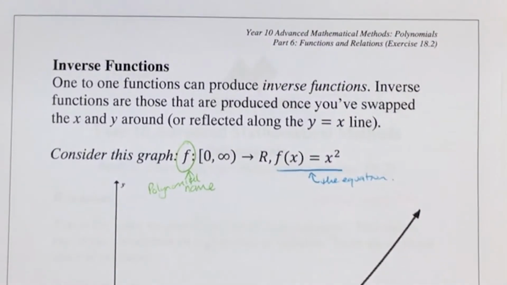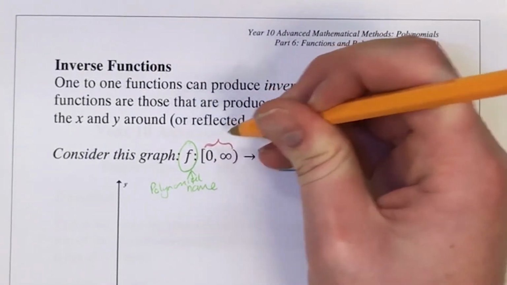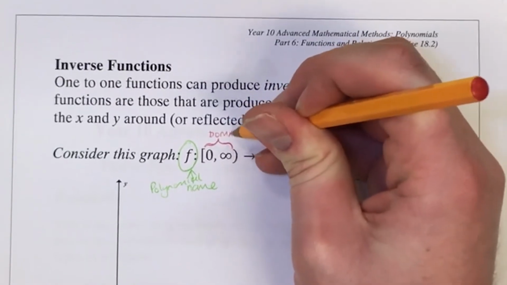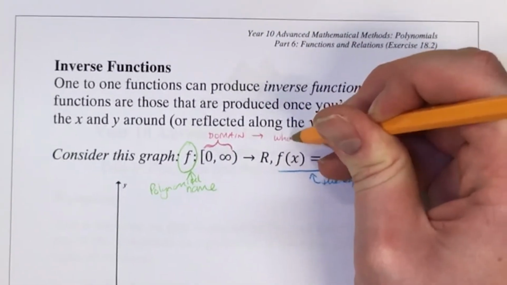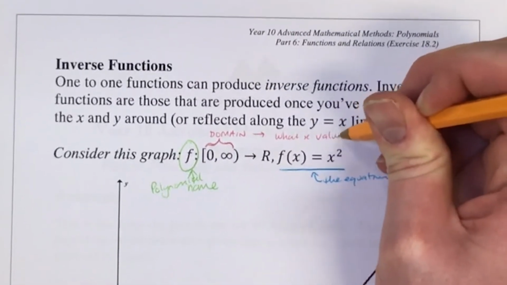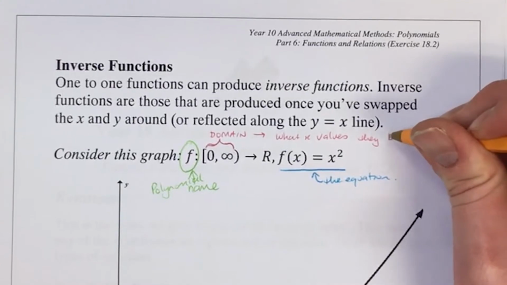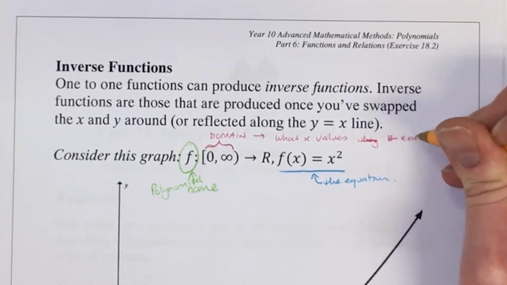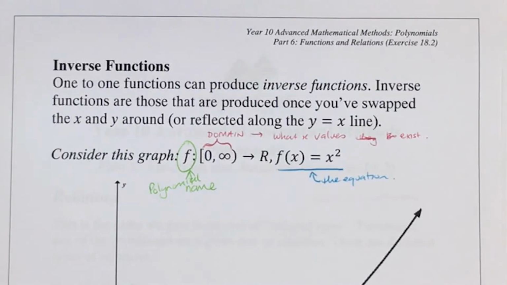So this is a quadratic. This part here, you might remember from one of our previous assignments, is the domain. In other words, what x values exist. In this case, this is saying that this graph starts at 0.